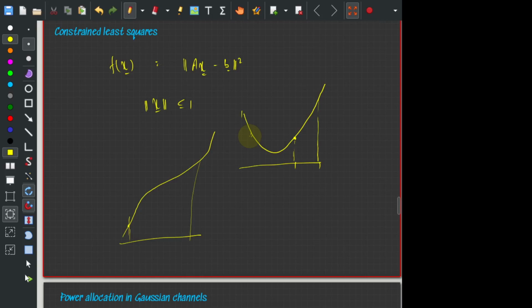Only if the function is convex, yes. Otherwise, things can be wild. If the function is non-convex, even if you don't have any constraints, finding the minimum is not always easy because there could be multiple stationary points. Just setting the gradient to 0 does not necessarily give you the point of minimum. So we'll analyze all of these as we go along.